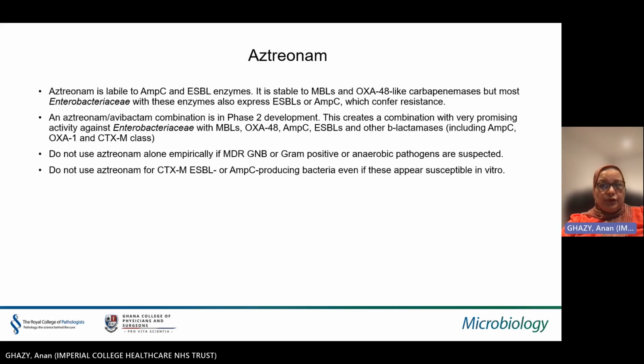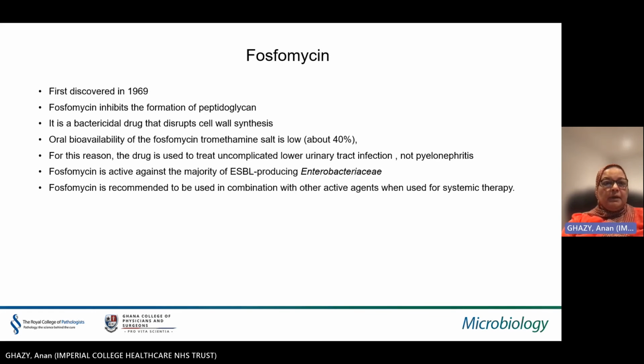This creates a combination with very promising activity against Enterobacteriaceae with metallo-beta-lactamases, OXA-48, AmpC, ESBL, and other beta-lactamases. We shouldn't use aztreonam alone empirically if multidrug resistant gram-negative, gram-positive, or anaerobic pathogens are suspected. We shouldn't use aztreonam for CTX-M, ESBL, or AmpC producing bacteria, even if it is susceptible in vitro.